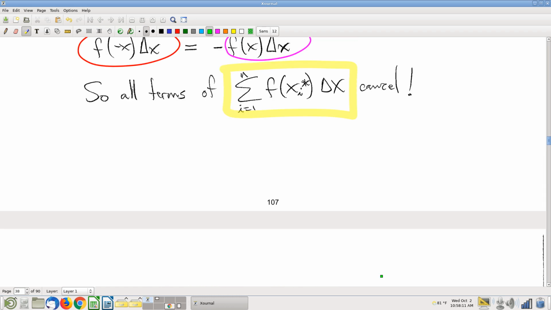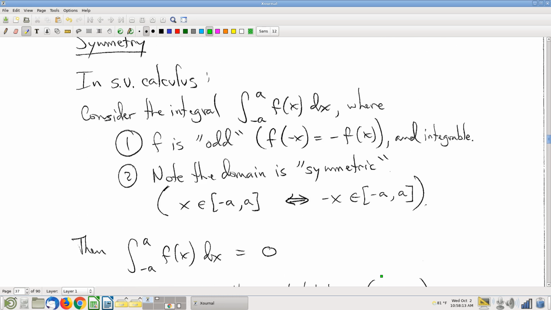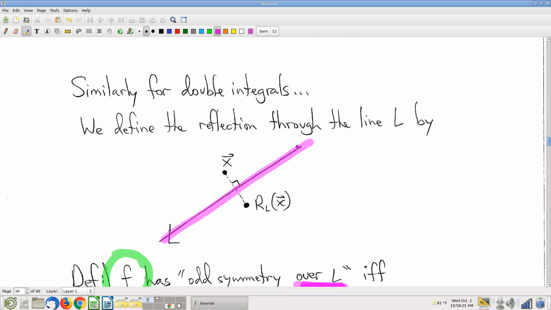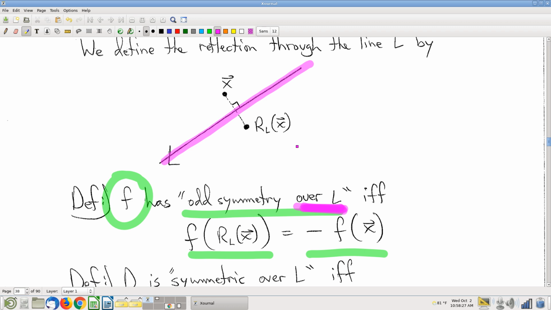That's really a two-dimensional version of this. Here, the reflection is, we reflect a value x to get negative x. This is just a two-dimensional version of that. The reflection of that x is now whatever that is.